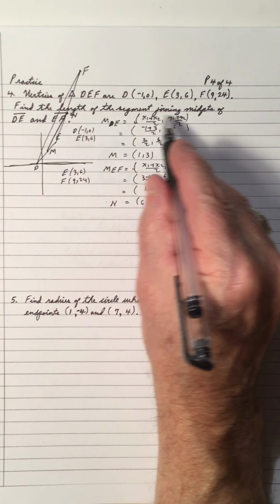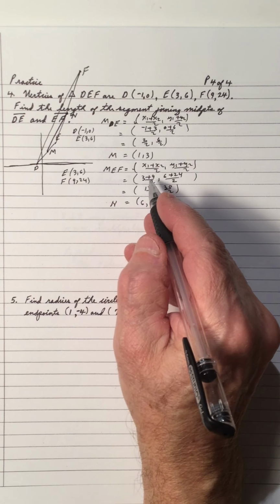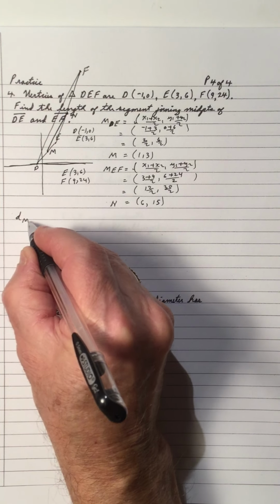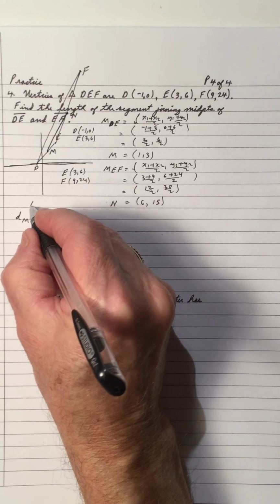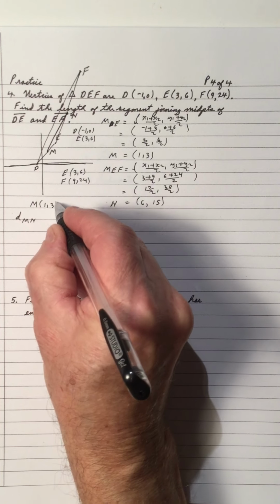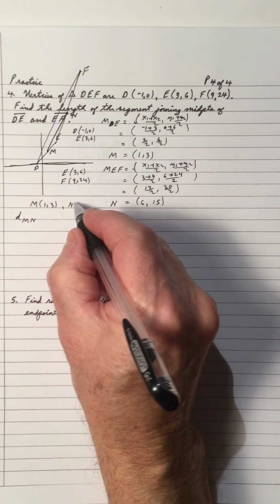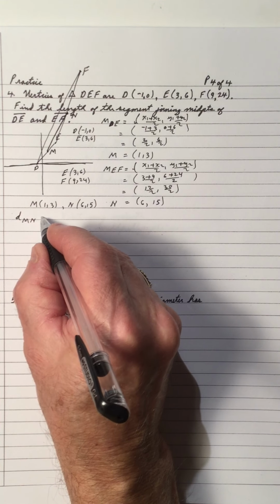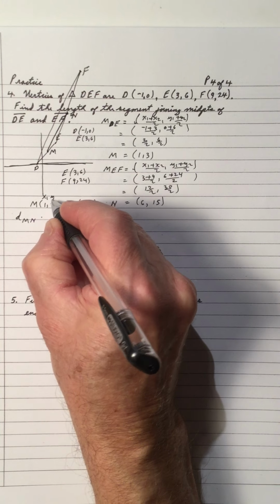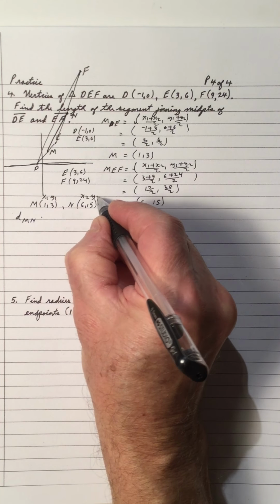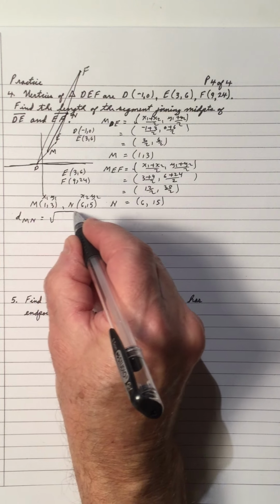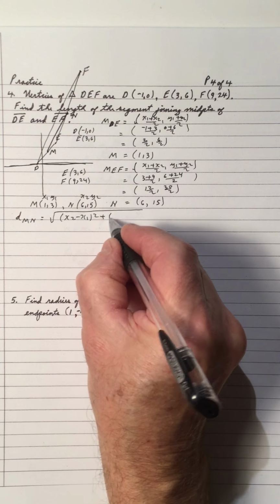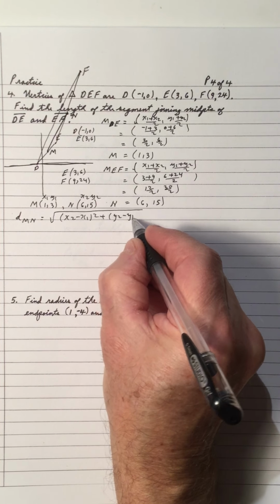Now they want the length of the segment joining these two midpoints, so the length of MN. M is (1, 3) and N is (6, 15). This is x1, y1, x2, y2. The distance is the square root of x2 minus x1 squared, add on y2 minus y1 squared.